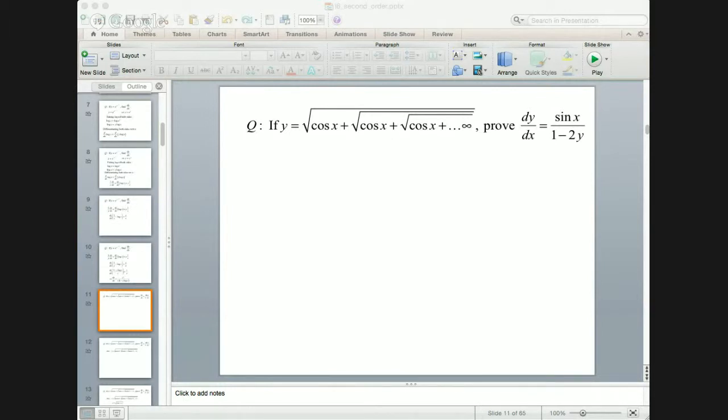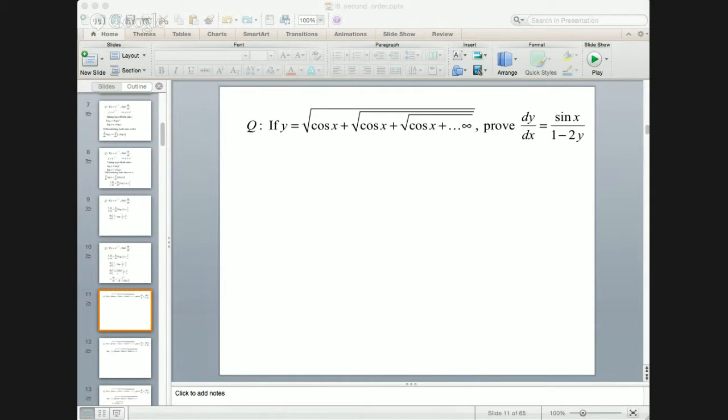All right, great. So if you have also got the same answer for the previous question, and if you can focus on the present one now, what would you get? How do I rewrite y again? y is under root of cos x plus under root of cos x plus under root of cos x going on.